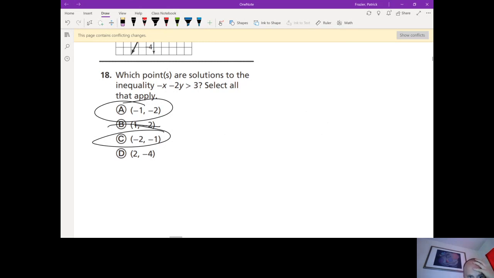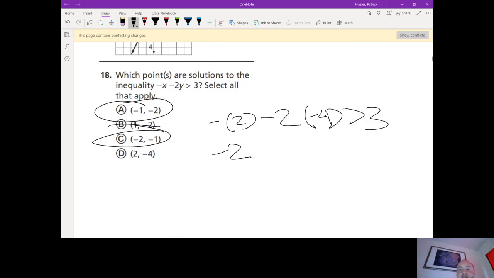What about D? So x is 2, negative on the outside, 2 for x, minus 2 times y, which is negative 4. And that's all supposed to be greater than 3. Is it though? Negative 1 times positive 2 is just negative 2. Negative 2 times negative 4 is a negative times a negative, so that's positive. 2 times 4 is 8.